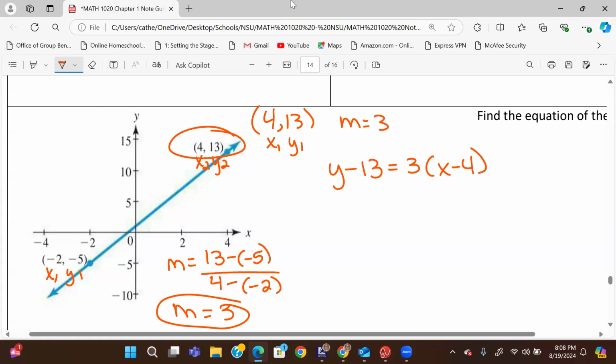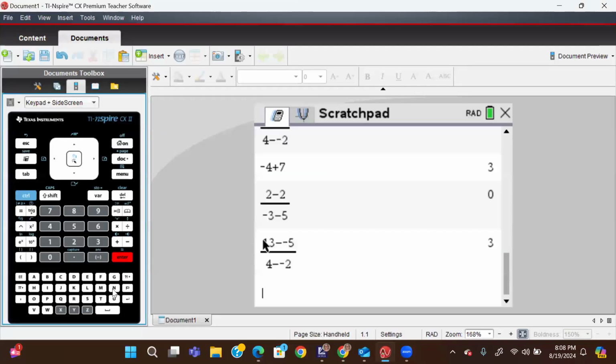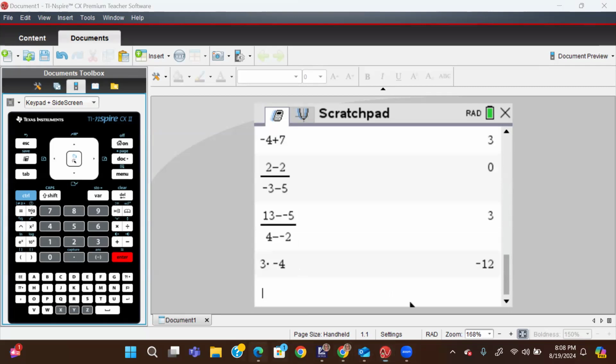I look for double negatives. I don't have any. So I'm going to go ahead and distribute the 3 to everything in the parentheses. So I have 3x. And if you need to, this is what the calculator is for. We have 3 times negative 4, which gives me minus 12.